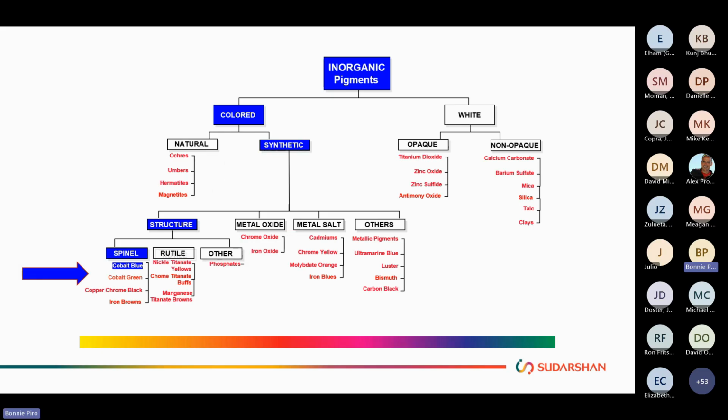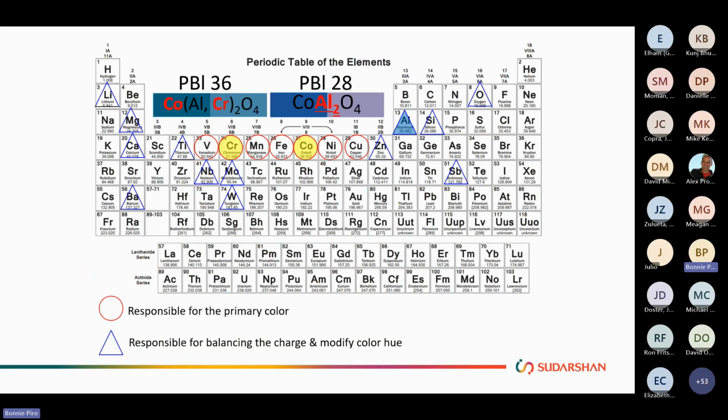All right, if we switch over to the inorganic side, we'll start with the CICPs and the cobalt blues. I showed this chart last time with our CICP webinar. In this case, we're just focusing on the two blues that are in there, the Blue 36 and the Blue 28.